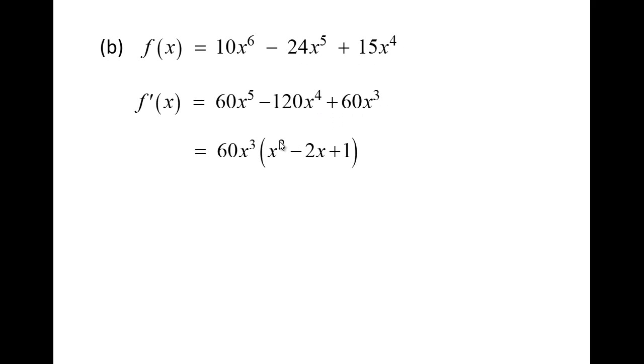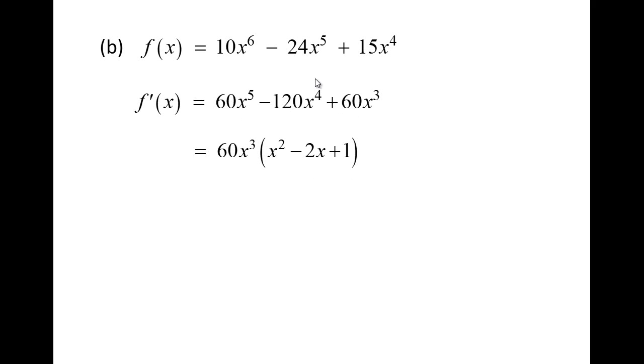First thing we need to do is factor out 60 and x cubed. So when we factor out 60, we have to divide everything by 60. So from the first term we get 1, from the second term we get 2, and from the third one we get 1 again.